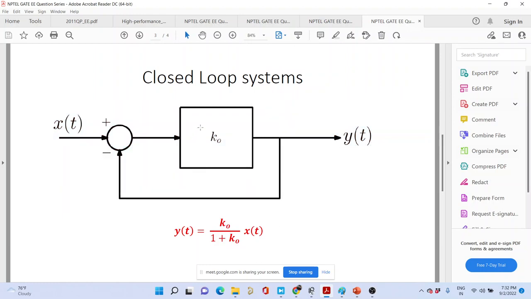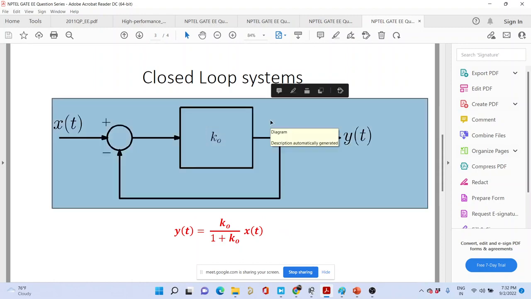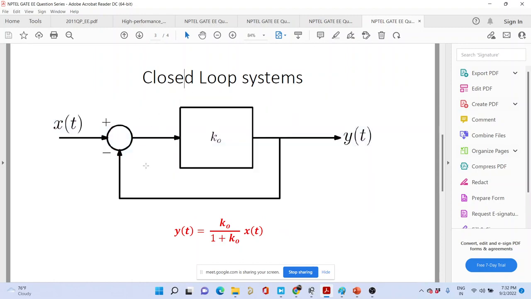You may not know what k0 is, but if you can design something and place some block over here and ensure that this gain, maybe I've lumped this entire gain as k0, the controller gain and the gain of the plant as k0. In such a case, if you can ensure that k0 is large enough, then what happens?